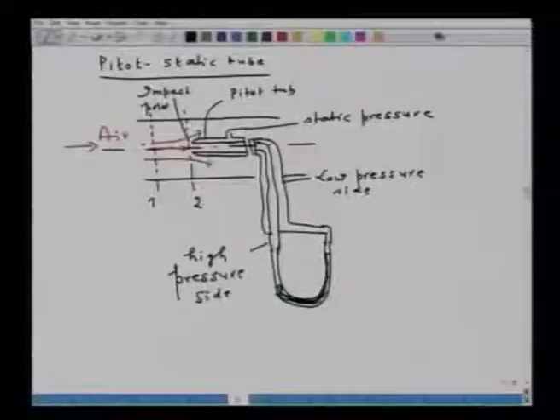So, we can now apply the mechanical energy balance between point 1 and point 2.